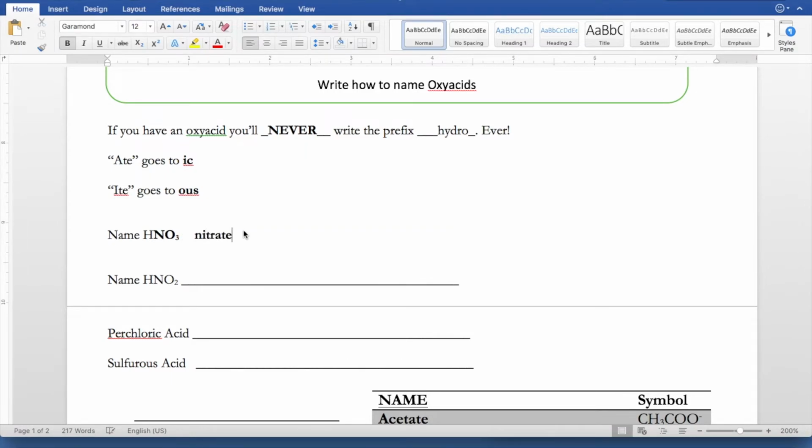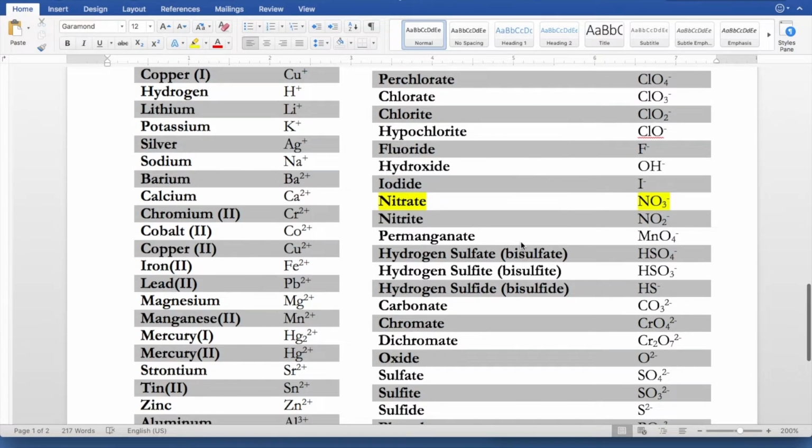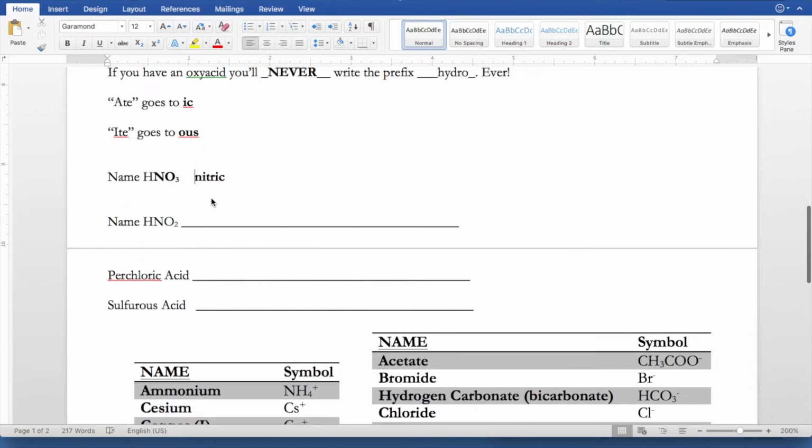Ate becomes ick. What you don't want to do is this. Obviously, that is rather wrong. But ate goes to ick. And there's no prefix because nitrate doesn't have a prefix, unlike permanganate or bisulfite. So ate became ick, and I just need to put the word acid at the end.